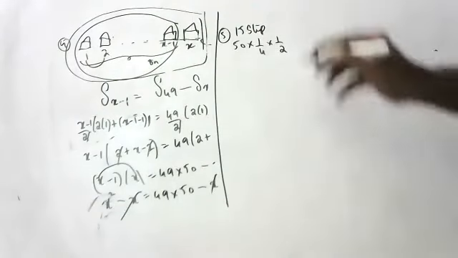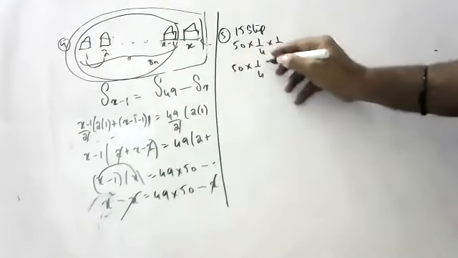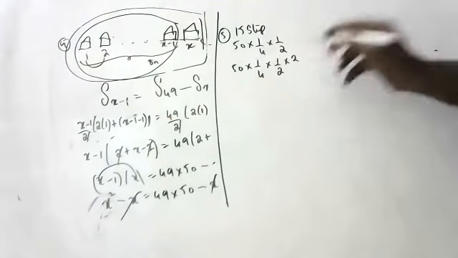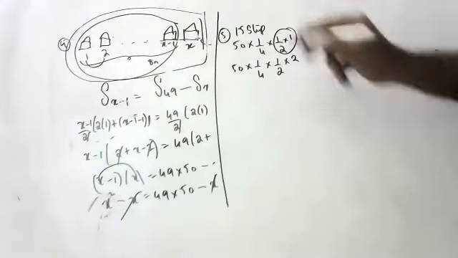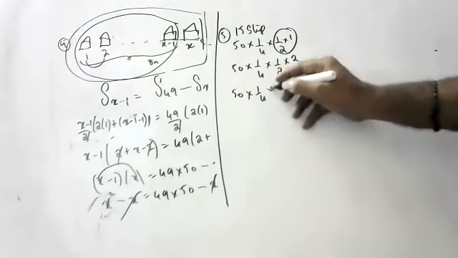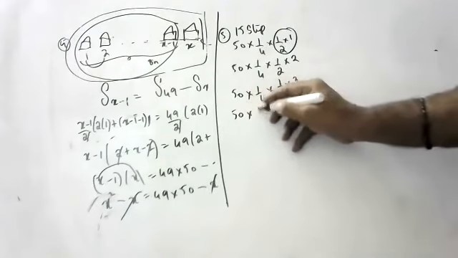Second step: length won't change, breadth won't change, height is 1 by 2 into 2. For third step, into 3. For 15th step, into 15.